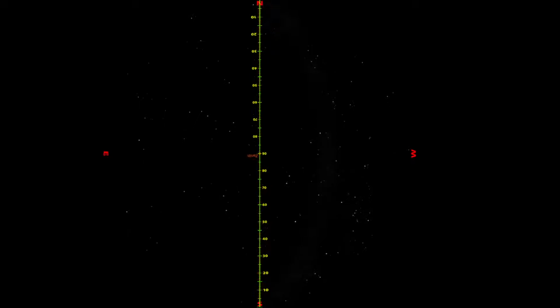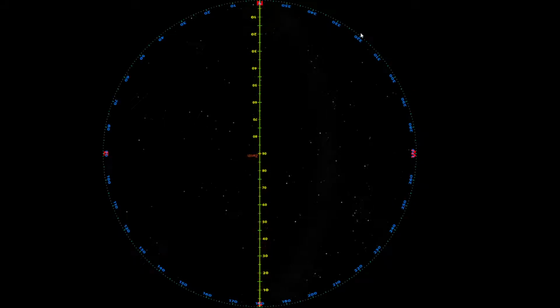The next way we describe the sky here is something called azimuth. So azimuth is where we are along the horizon. And if we combine these two things, we can find anything in the nighttime sky in its location.